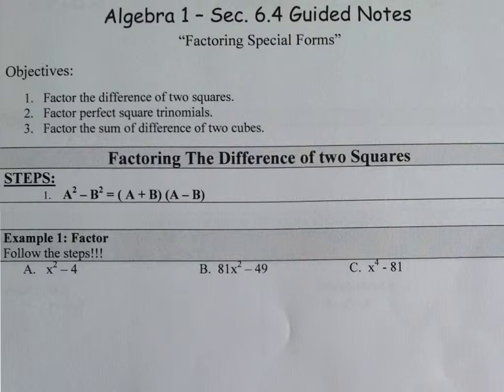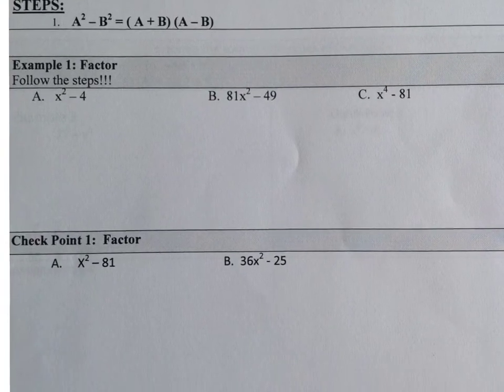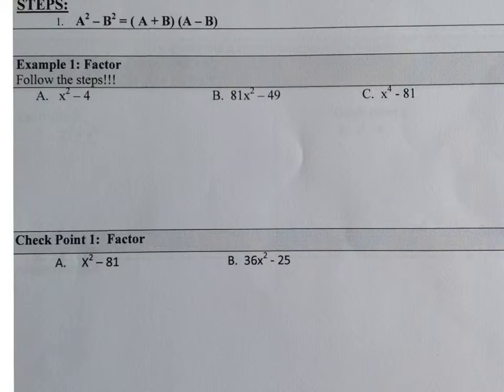So let's look at the first example. You have x squared minus 4. Now, x squared is written in terms of squares. We have to write the 4 in terms of squares so that we can get our b. A is x. So if it's written in terms of squares, you already have your a or your b.